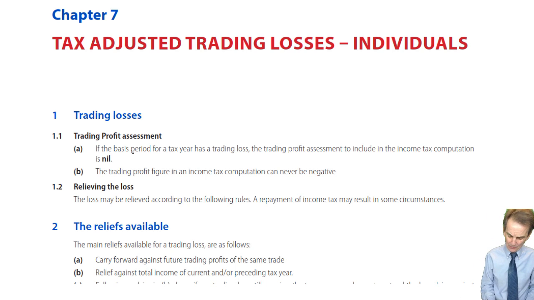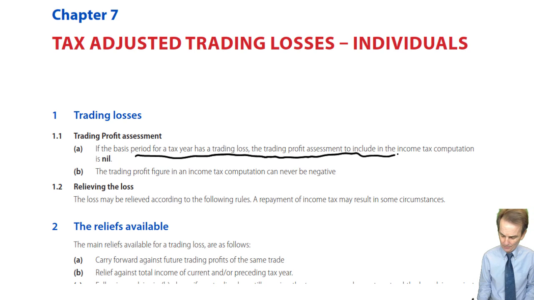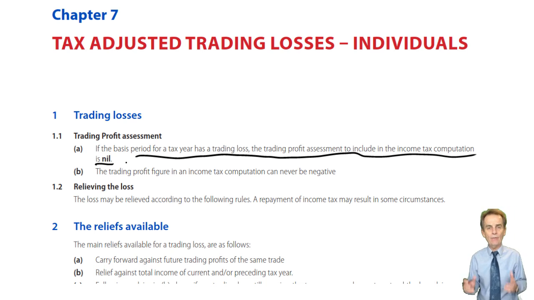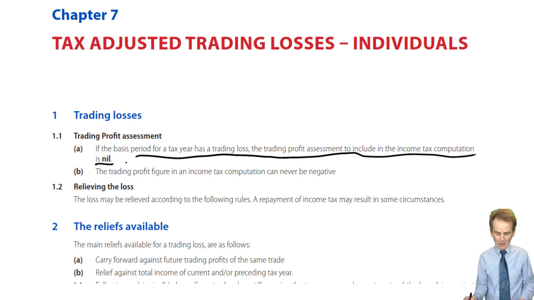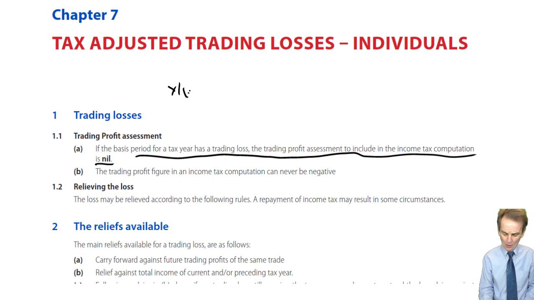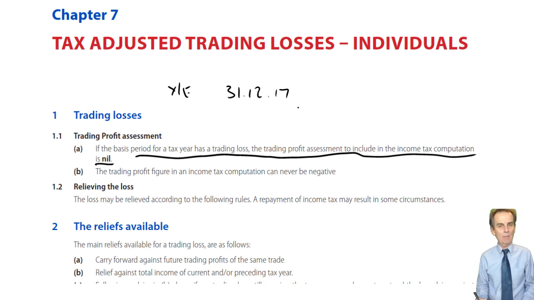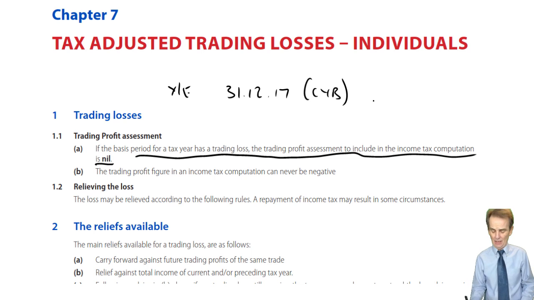We know that if the basis period for a tax year has a trading loss, the trading profit assessment is nil. We never put a negative figure in our income tax computation. We put in nil. So if, for example, our business had prepared accounts to the year ended 31st of December 17, that accounting period, using our CYB basis of assessment, ends in the 17-18 tax year.